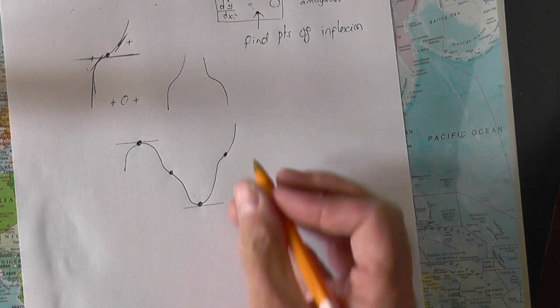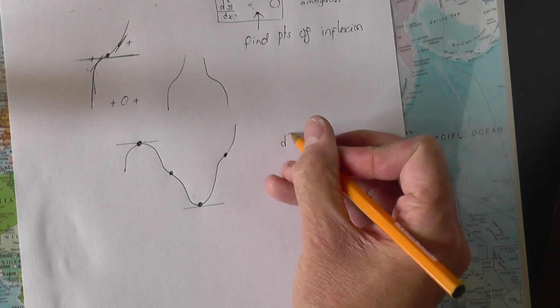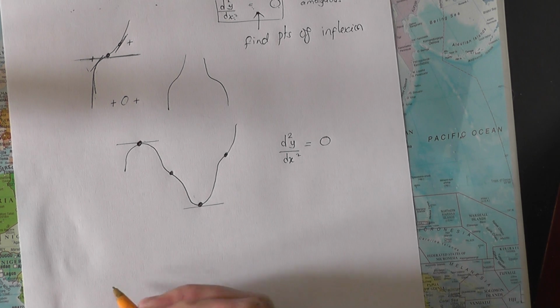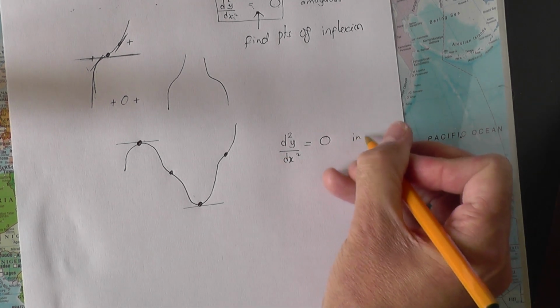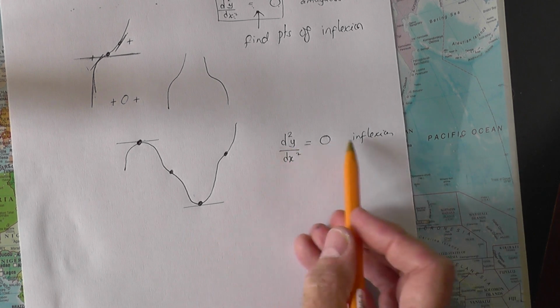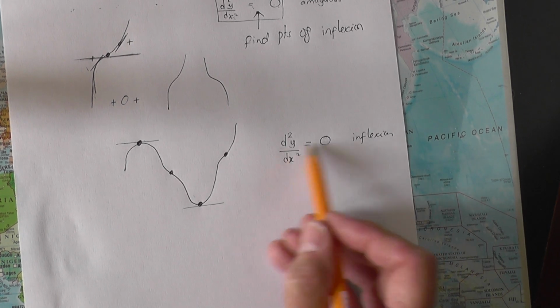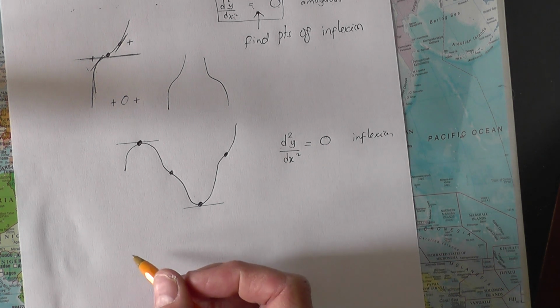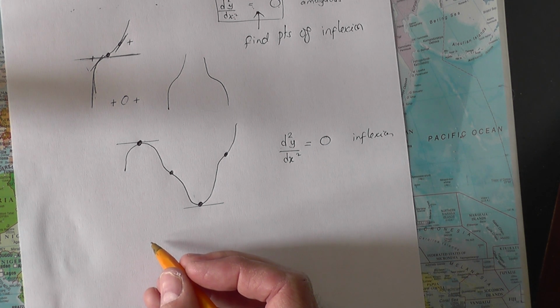What you'd need to do to find these inflection points is work out d2y by dx squared and put it equal to 0, and that equation will work out for you all the values where you have d2y by dx squared equals 0, which will give you inflection points even if they are not stationary points.